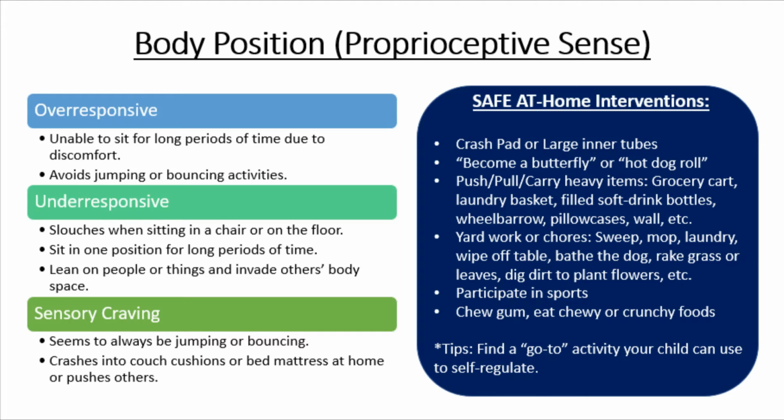Some tips, really just find a go-to activity with your child so that your child can use this to self-regulate. So if they're feeling overwhelmed and they can't focus because they're constantly on the go, bouncing, jumping, and they just need to regulate themselves, maybe they really connect with the pushing the wall thing.